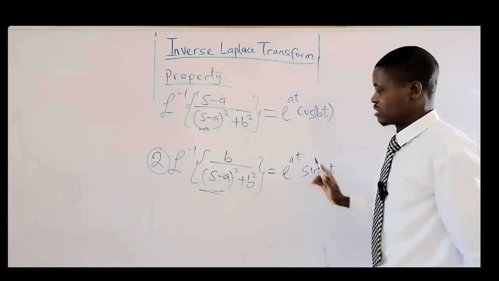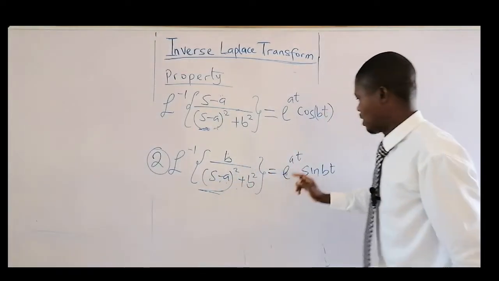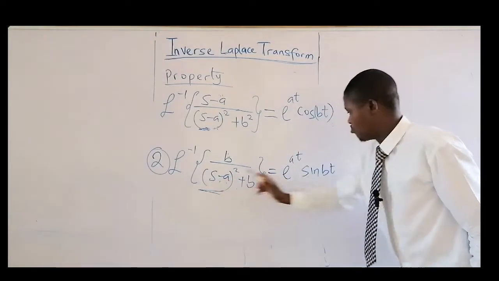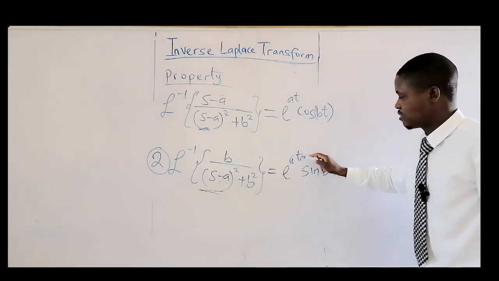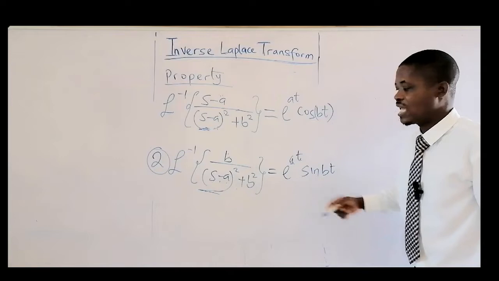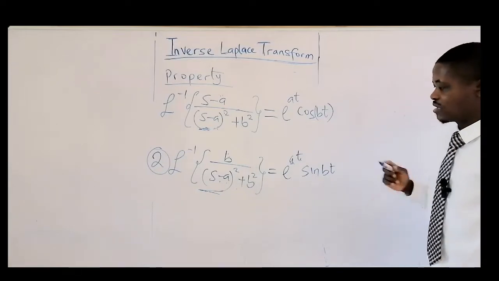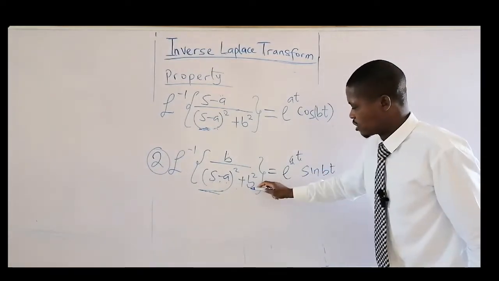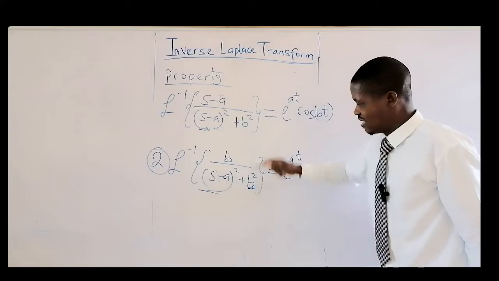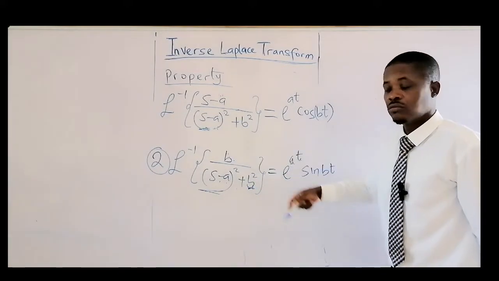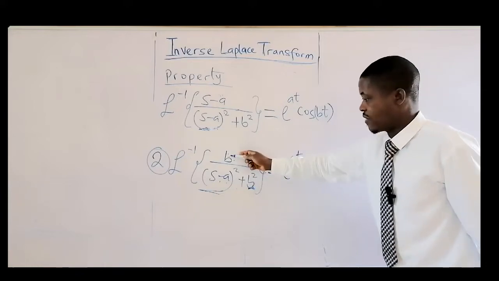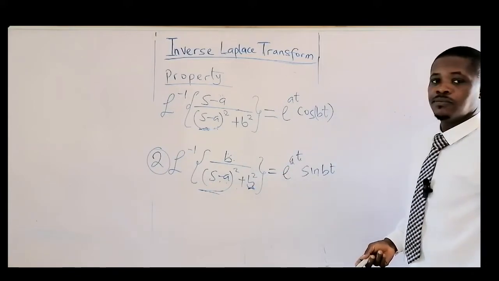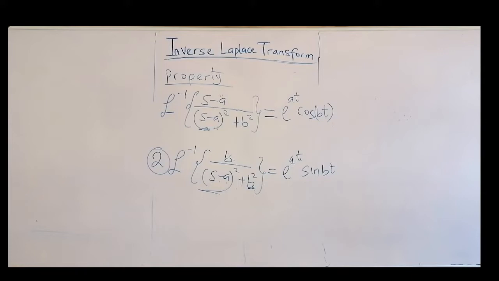But it must be x minus a squared: x minus the attachment of your t here. The attachment of t here is a, minus a. But also you must note that whatever you have there, you must have the square root of that on the numerator. If you have 25 here, which is 5 squared, you must have 5 here. So that's just that on these two laws.